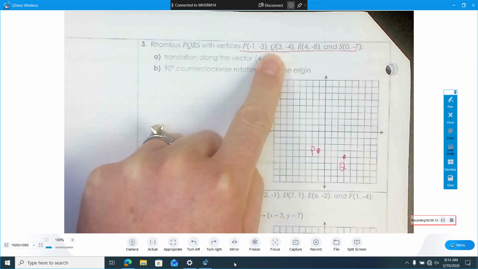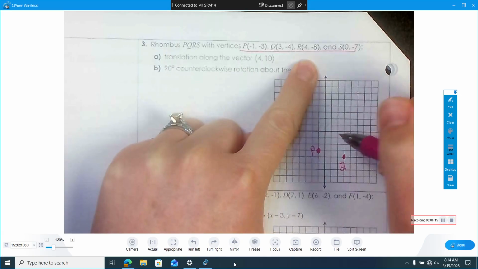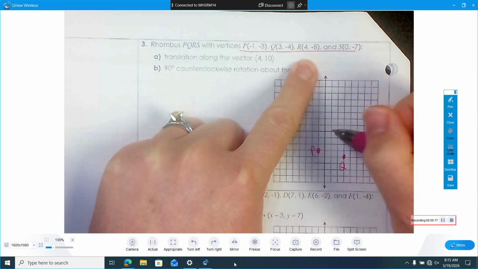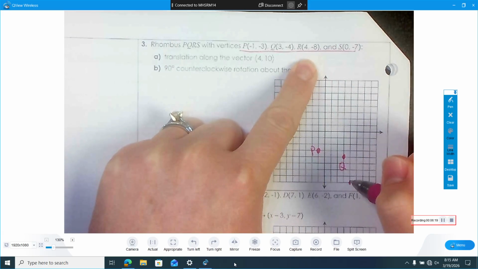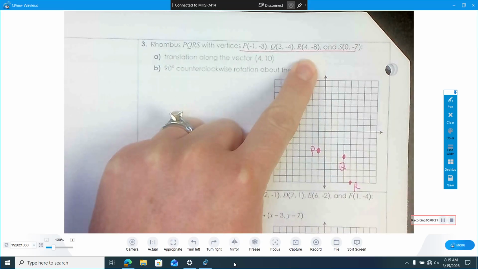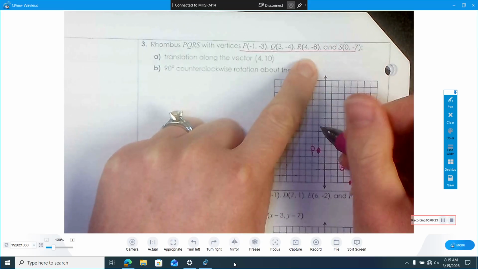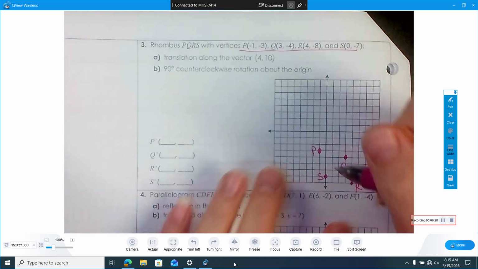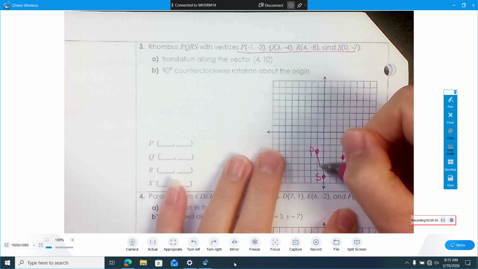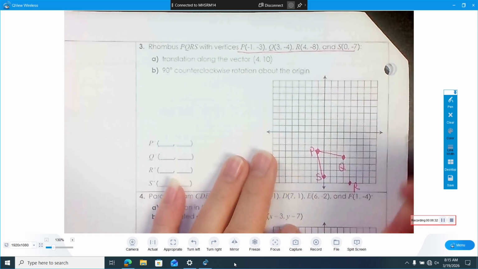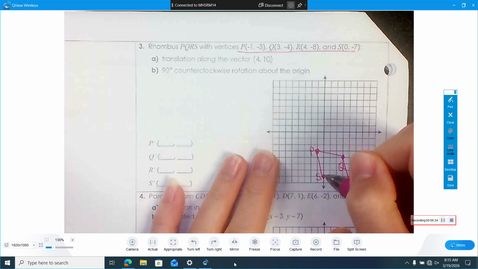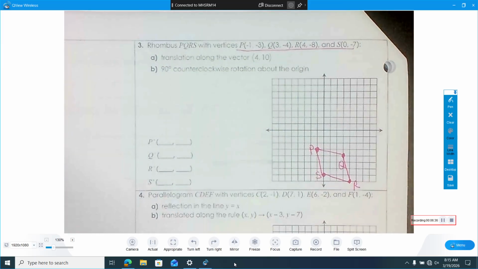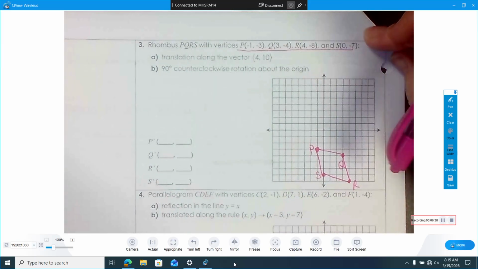There's Q. R is at 4 down 8. All the way to the bottom. And S is at 0 down 7. All right, so here is our rhombus PQRS. So this is, again, our pre-image. It's just sort of where we're starting from.